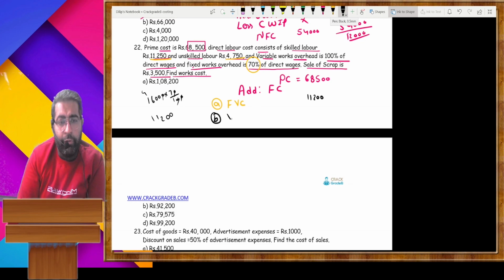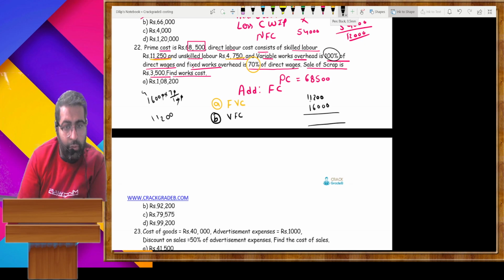B. We have to take variable factory cost, that is 100% given, so it is 16,000. Okay, make a total. 84 and 11, 95,200.